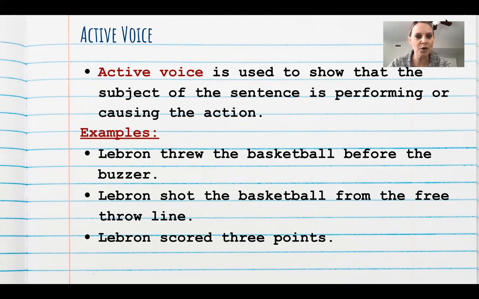LeBron shot the basketball from the free throw line. Again, LeBron is the subject, shot is the verb. LeBron scored 3 points. LeBron is the subject, scored is the verb. So in all these sentences, we have active voice because the doer, the person performing the action, the entity performing the action, is in the subject spot.